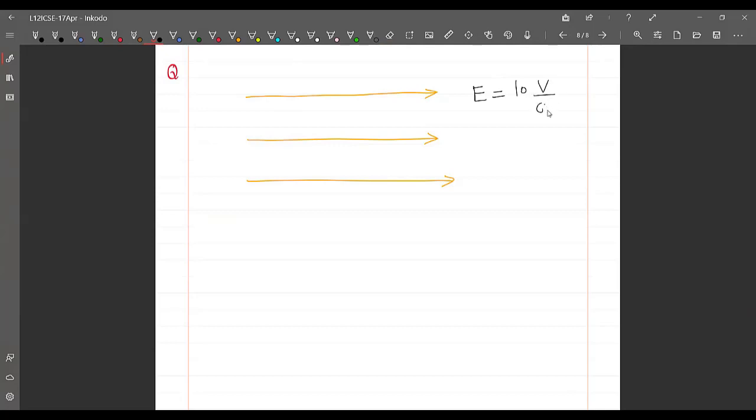Or let me give it as 10 volt per centimeter. And you want to move a charge from point A to point B, which are separated by a distance of 10 centimeter.